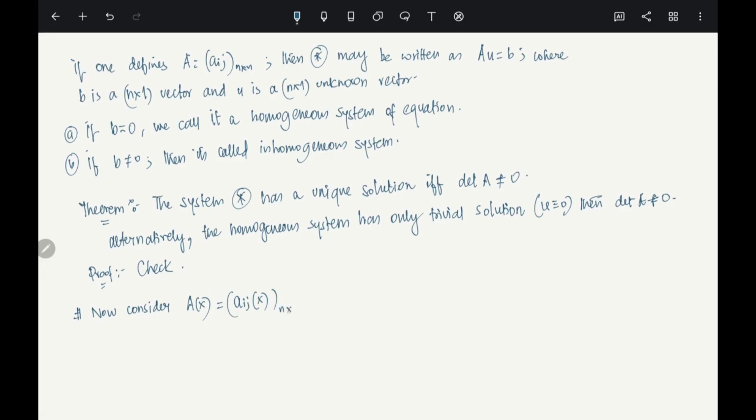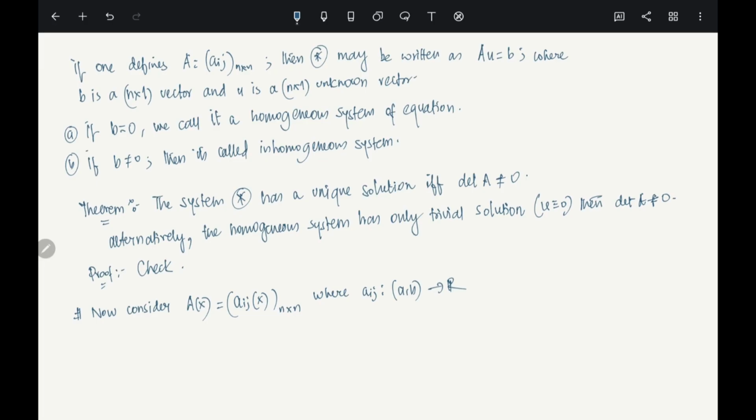For now let's just write it as an n cross n matrix. So every coefficient is a function of x, clear? So consider this where a_ij is from R to R, or it can be from [a,b] to R. Okay, so this is given.